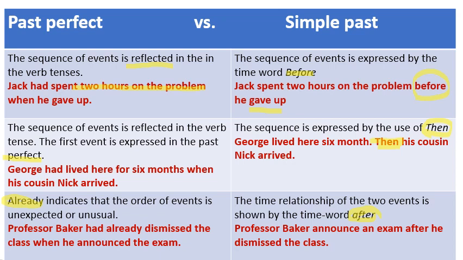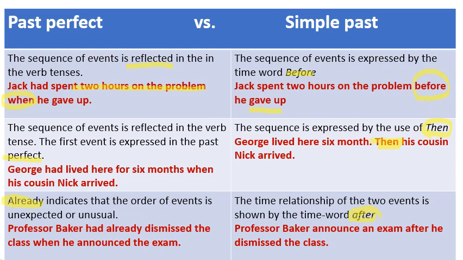We have two events, spending 2 hours on the problem and giving up. Okay, my close worker is when. Therefore, I need to indicate which action happened first. Is it giving up or spending 2 hours on the problem? In this case, I need to make the past perfect spending 2 hours on the problem to indicate that it happened before giving up.